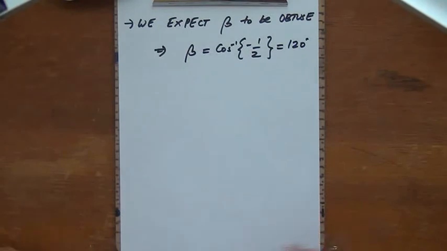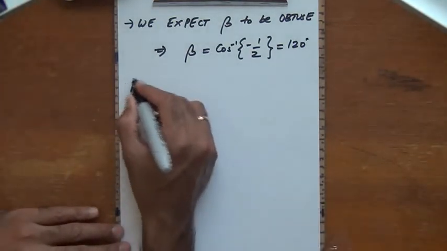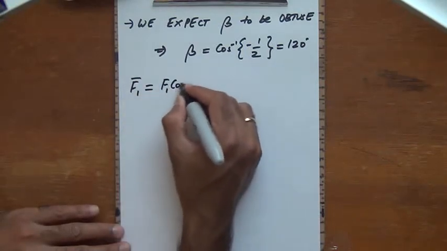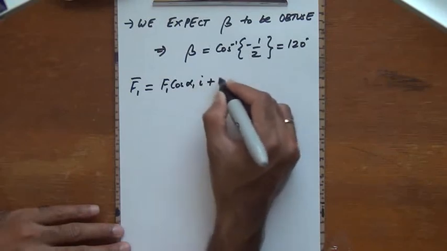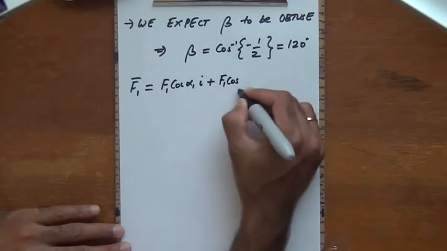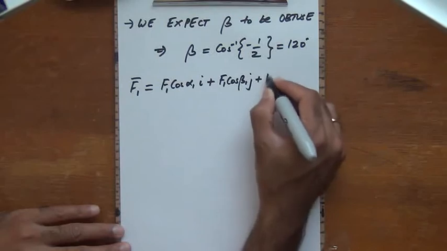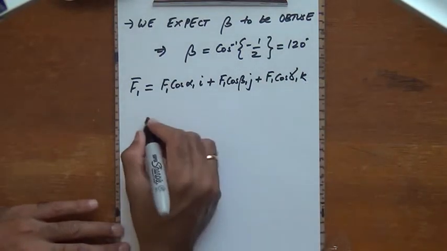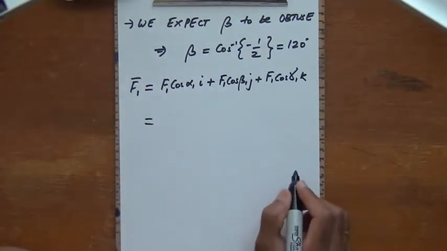Once I have beta, then all I have to do is write out the force vector F1 as a Cartesian vector. So I have F1 is going to be F1 cos alpha 1 in the i, F1 cos beta 1 in the j, F1 cos gamma 1 in the k. And I know the magnitude of the force vector F1 is 200 newtons.